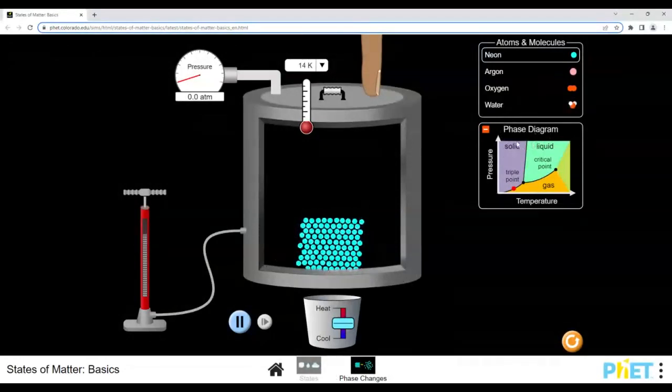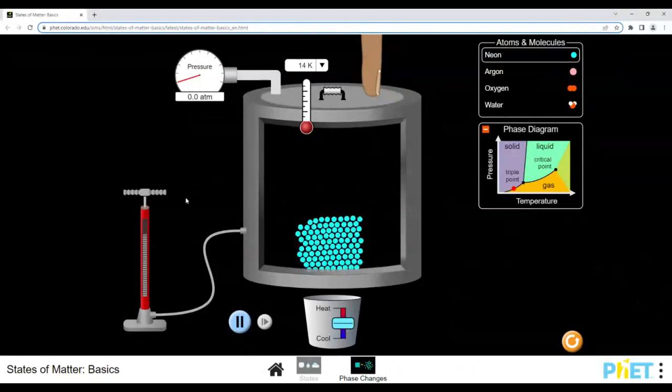If we open the phase diagrams at the side, then we can see that the red point for the conditions inside this canister is here between solid and gas. So that does mean that some of these might randomly sort of bounce away and come back down. So small nudges in temperature or pressure can actually send it between solid and gas.